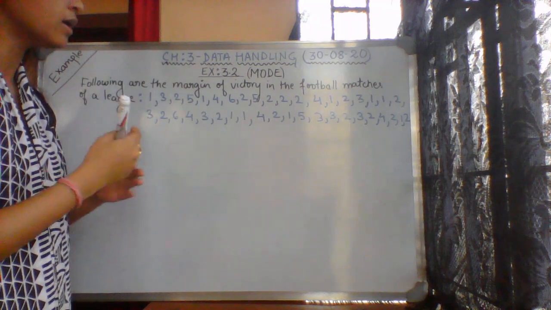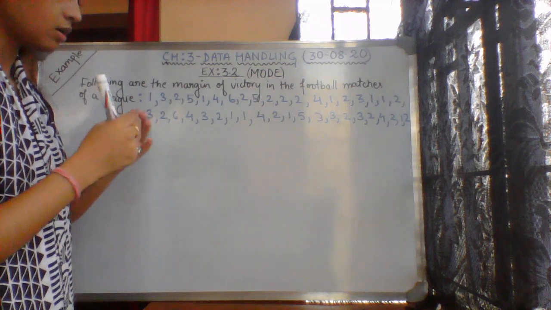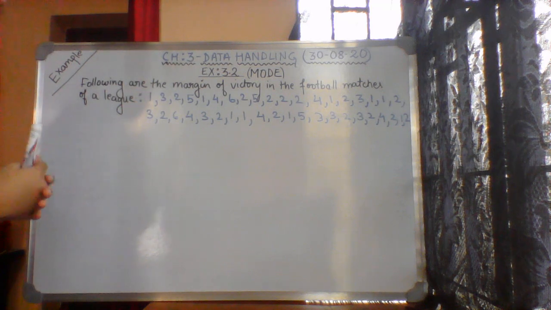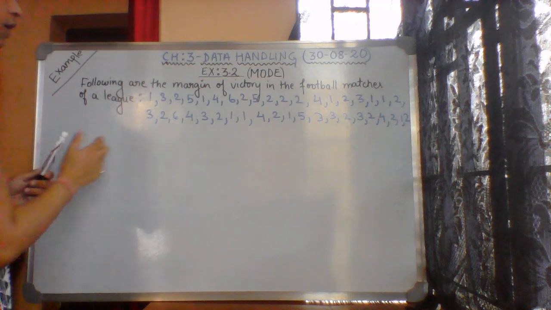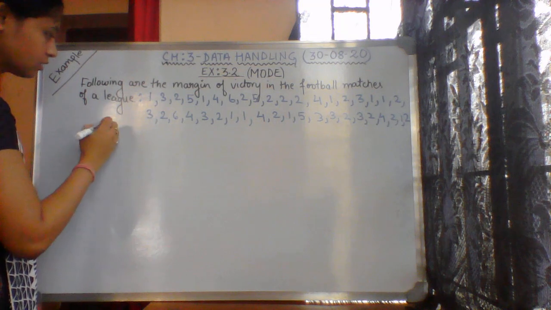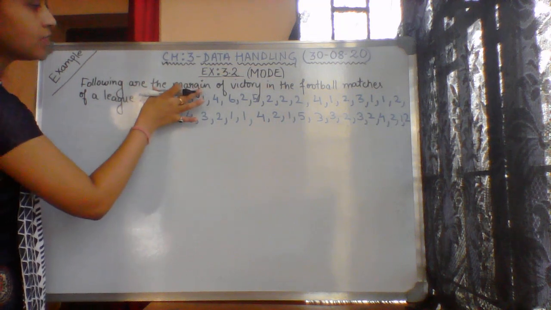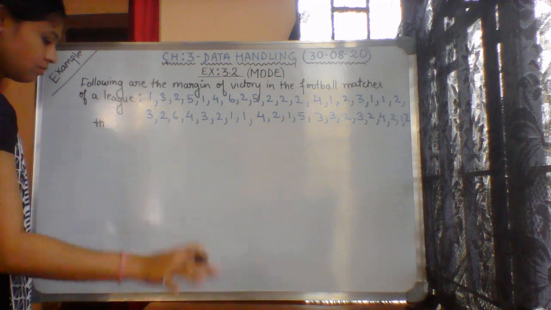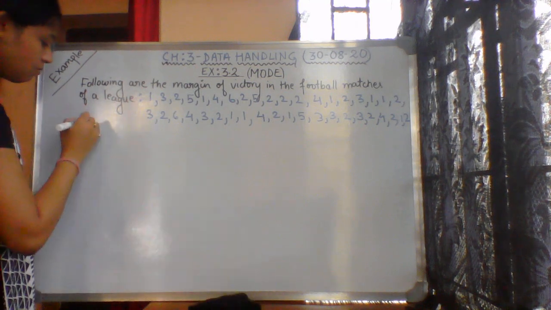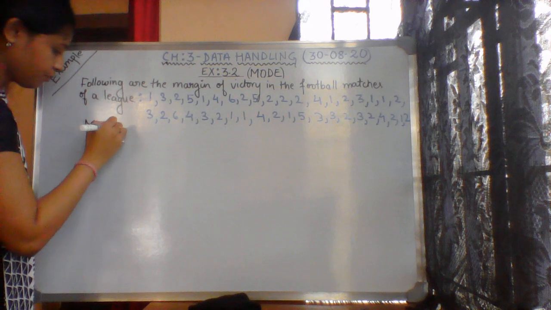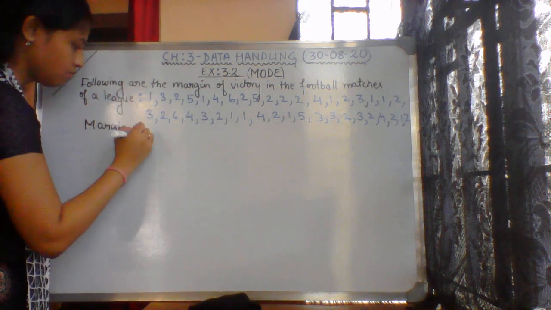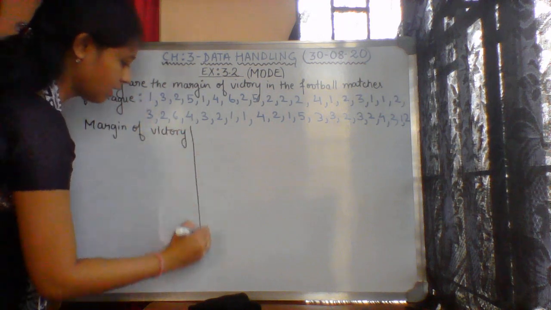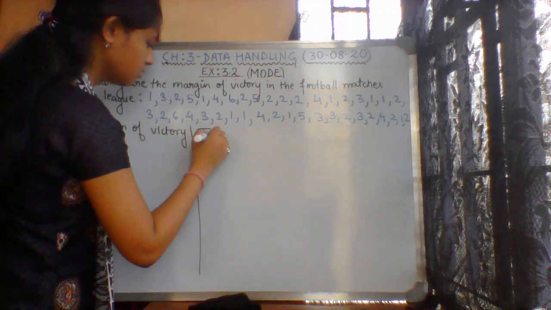We know how to arrange these numbers in a beautiful order, so we are going to arrange them using tally marks. So this is about the margin of victory. Margin of victory. Then I will do the tally marks.